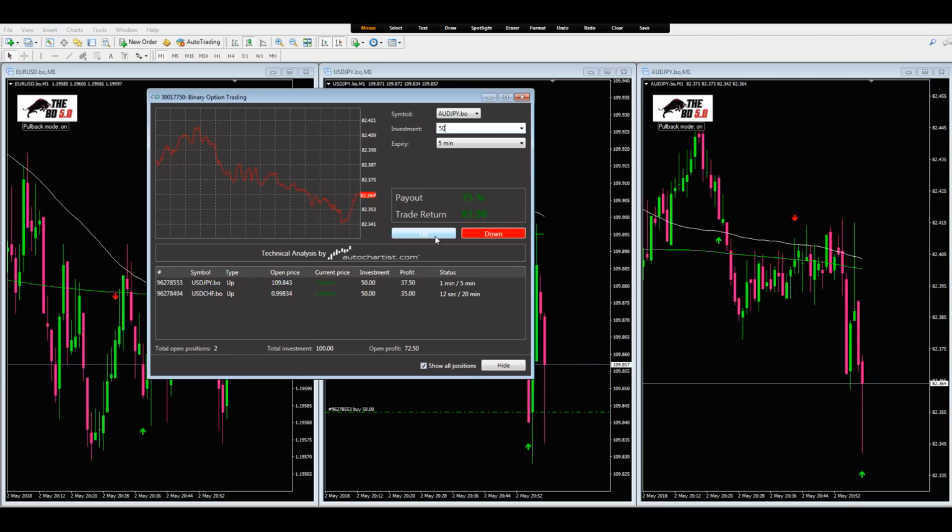We'll see what happens. You see, there's a lot of news going on, a lot of news. This is a very bad time to trade, a very bad time. But we can see both of these trades are coming into the money now.